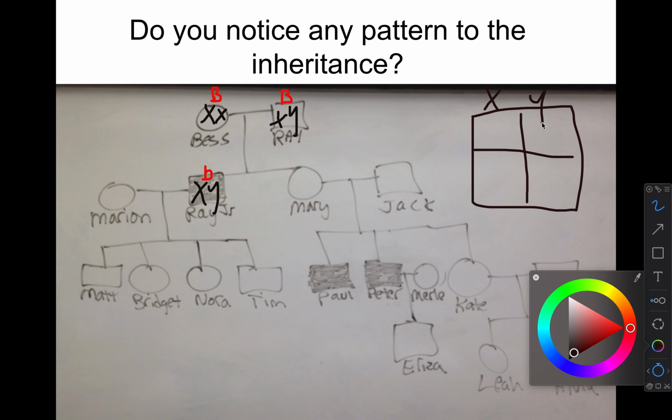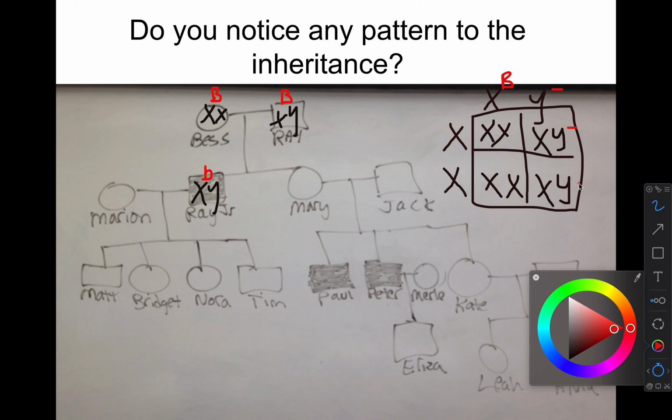X, Y, X. Okay. So we're filling in our children. So half the children are going to be male, right? And half the children will be female. And so now we're going to put in our genotypes with our red. So we know that Ray's genotype, right, is a capital B right here. And we know that this has nothing, right?